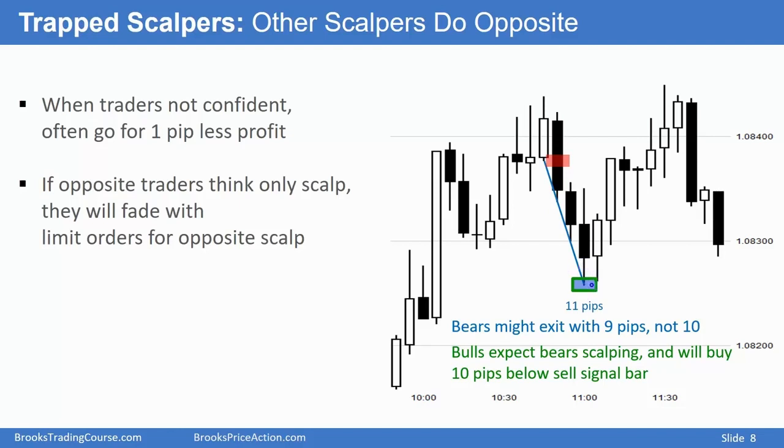So sometimes you'll have so many buy limit orders, both bulls and bears buying, 11 pips below the low of the signal bar, that the market does not fall 12, and you get the reversal up, and you get an 11 pip trap. Bears trying to get out with 10 pips profit are now trapped. They do not get filled, and they have to exit, and they gave up in here.